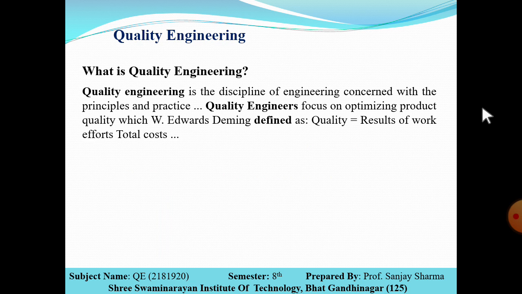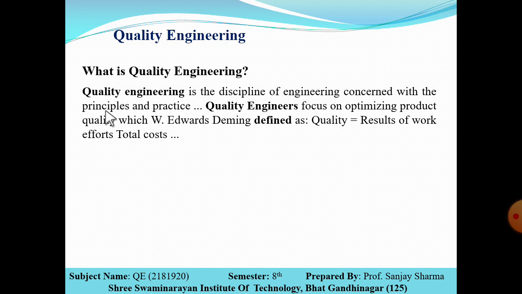By definition, quality engineering is a discipline of engineering concerned with the principles and practice. We have gone through the syllabus and seen that there are some philosophies of the quality management gurus. They have given some definitions and some methodology. So some principles are there, because quality always comes by following the principles.